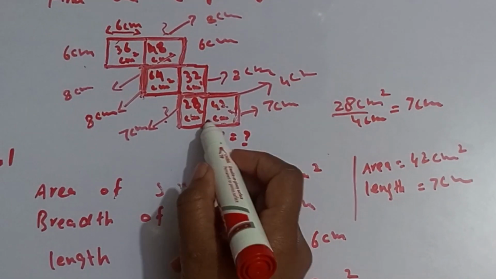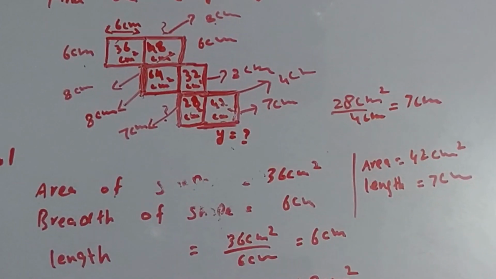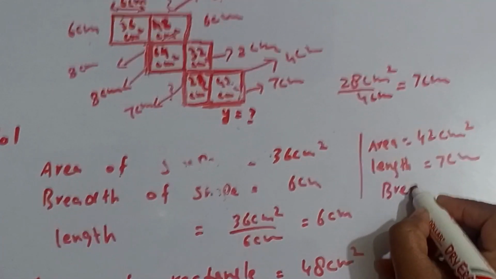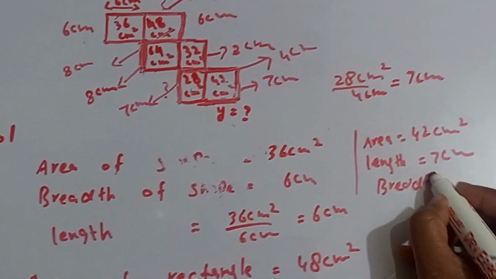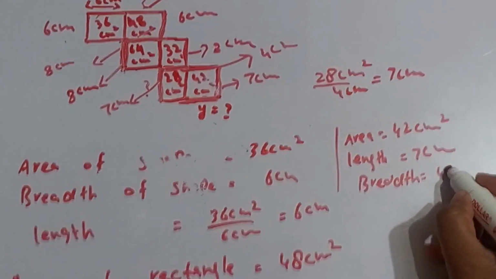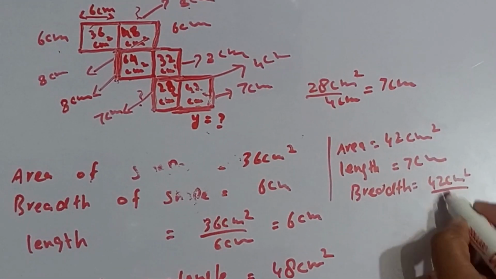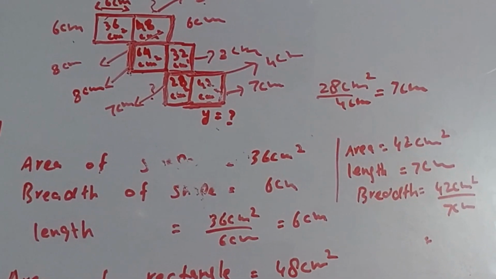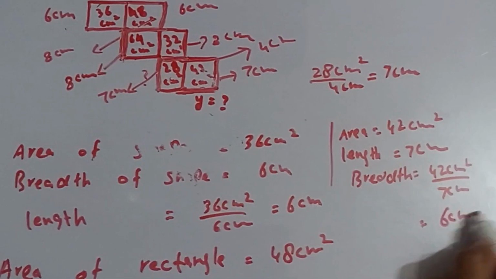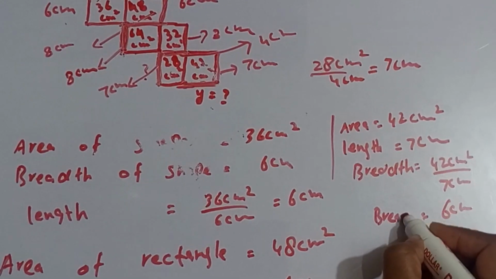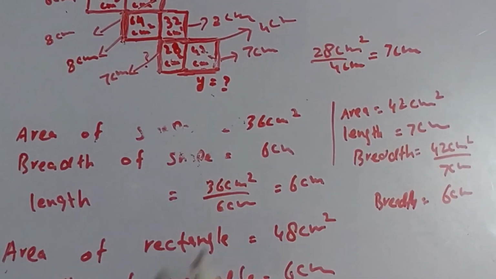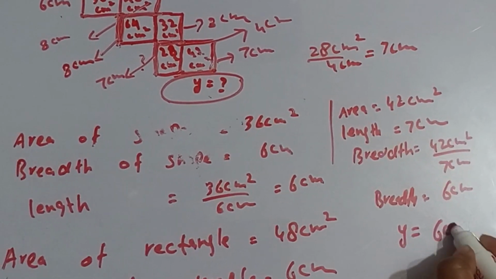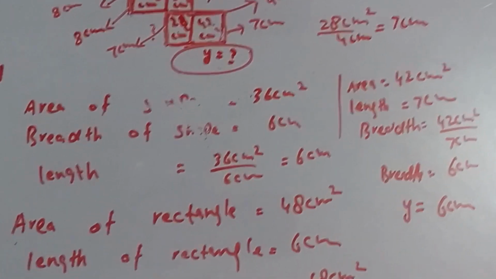We need the length from this point to this point, which is the breadth of the rectangle, which is equal to the area divided by the length, 7 centimeter. Divide these two values, then we get 6 centimeter. So this is the required length, y is equal to 6 centimeter, and this is our required length.